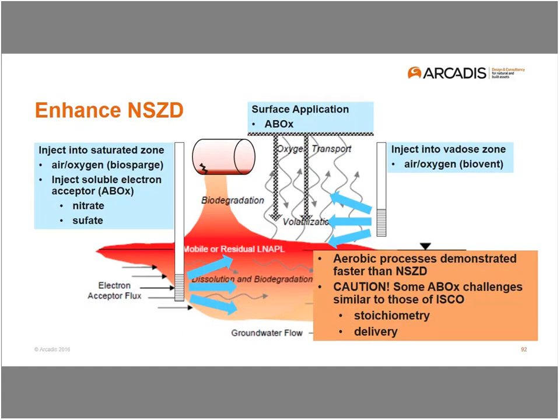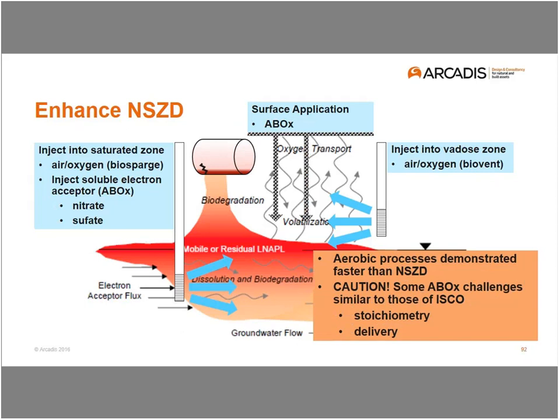If we need to get a little more aggressive, we can enhance natural source zone depletion. We can add oxygen through air, either by biosparging or by bioventing. We can also add other electron acceptors, this anaerobic biooxidation, either through, say, surface application of nitrate or injection of Epsom salts.